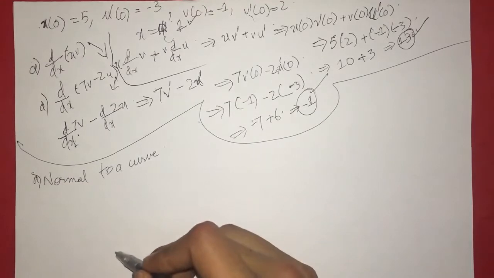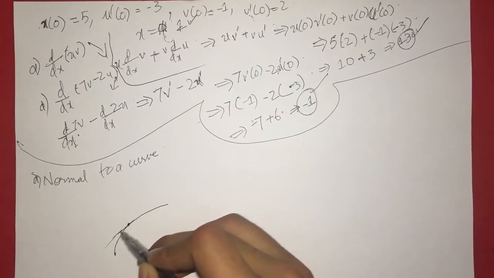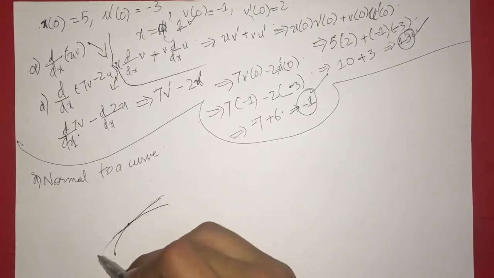So for example, this is a curve and this is, for example, the tangent, meaning the slope.